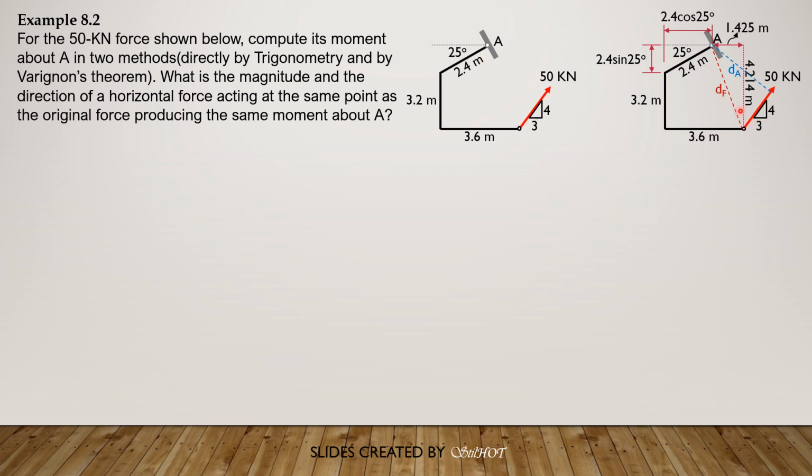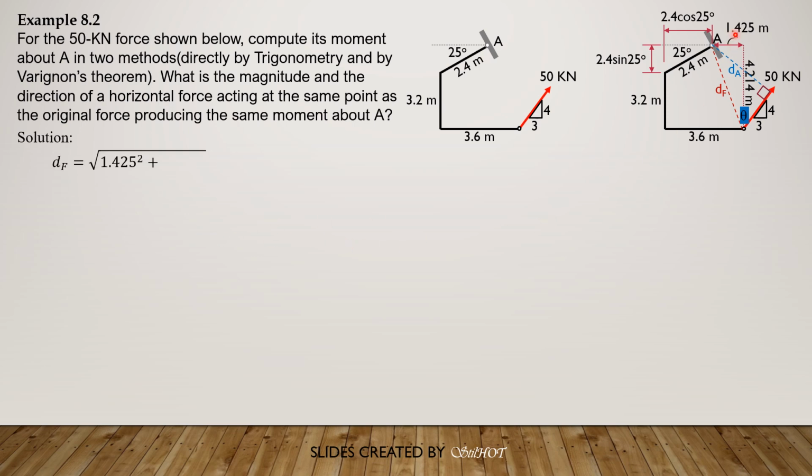So this angle is equal to this angle, which is arctan of 1.425 over 4.214, plus this angle here, which is equal to this angle here, arctan of 3/4. So that's 90 degrees. Let's call this angle theta in general, where theta is arctan of 1.425 over 4.214 plus arctan of 3 over 4.